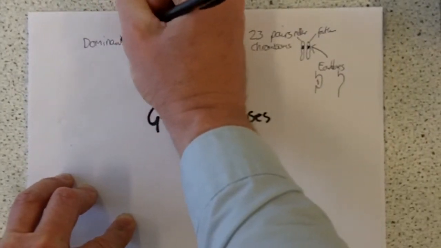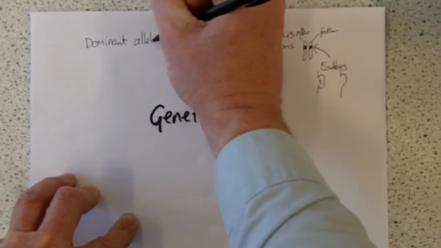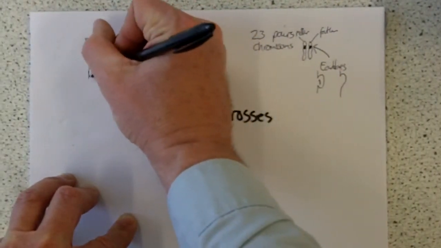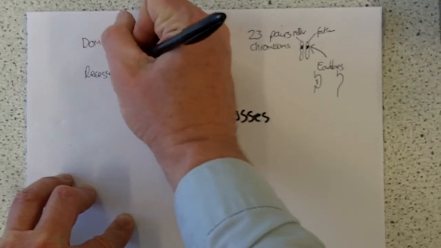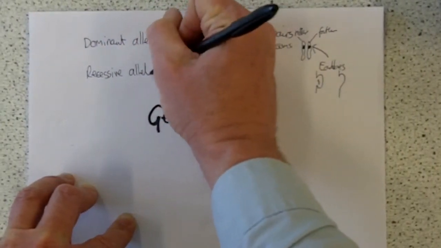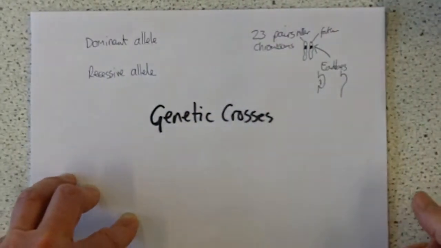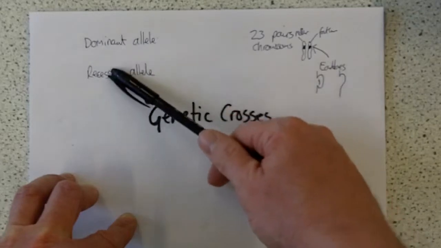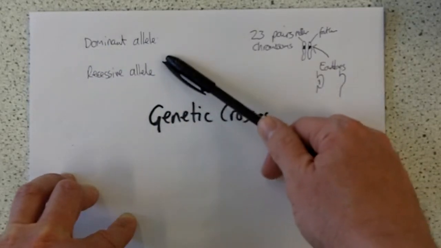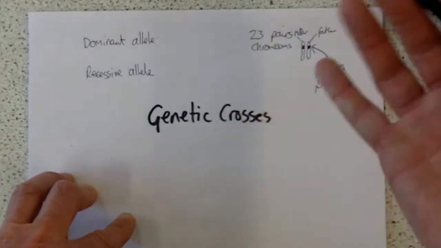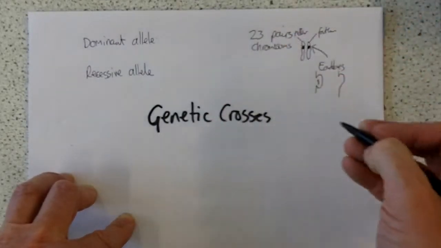An allele is just another name for a version of a gene. A dominant allele is one which, if it's in a pair with a recessive allele, is the one whose feature will be inherited. You can think of it as the bully, the one that's stronger, or more dominant or in charge.